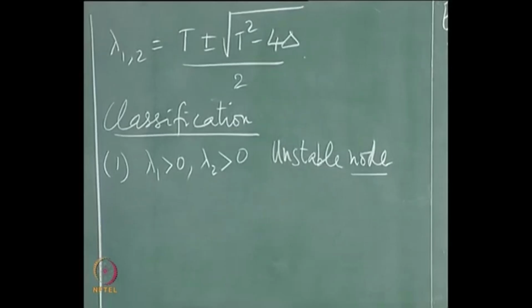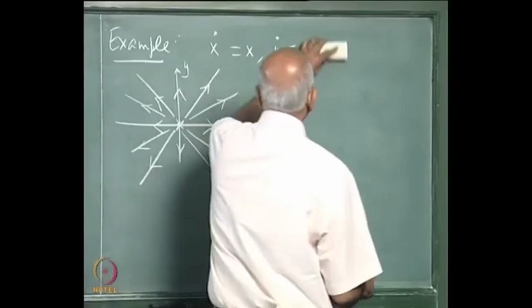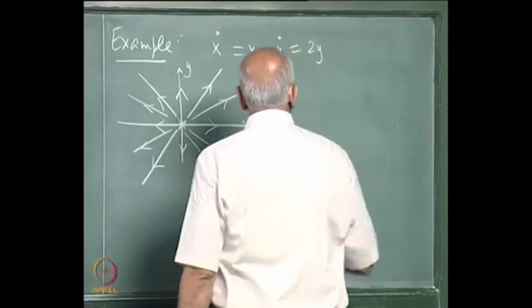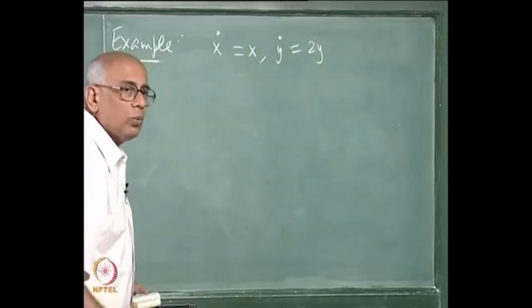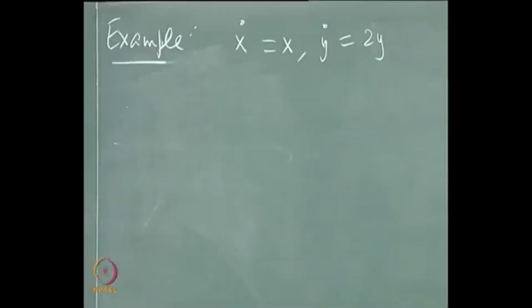What would have happened if the two eigenvalues had been unequal in this case? Suppose this had been y dot equal to twice y. What would the flow look like in this case? The two eigenvalues are 1 and 2, they are both positive and the flow is again outwards, but what sort of shape would the flow lines have?